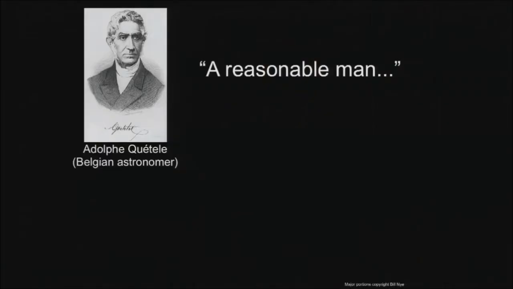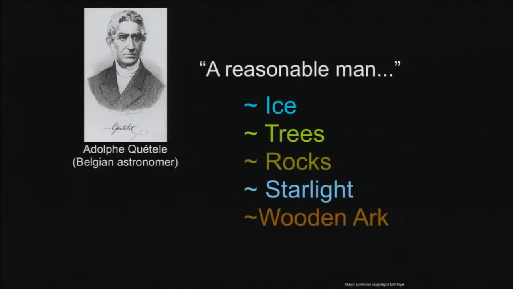Mr. Ham, how could there be billions of stars more distant than 6,000 years if the world's only 6,000 years old? It's an extraordinary claim. There's another astronomer, Adolf Kittel, who remarked first about the reasonable man. Is it reasonable that we have ice older by a factor of 100 than you claim the Earth is? We have trees that have more tree rings than the Earth is old.